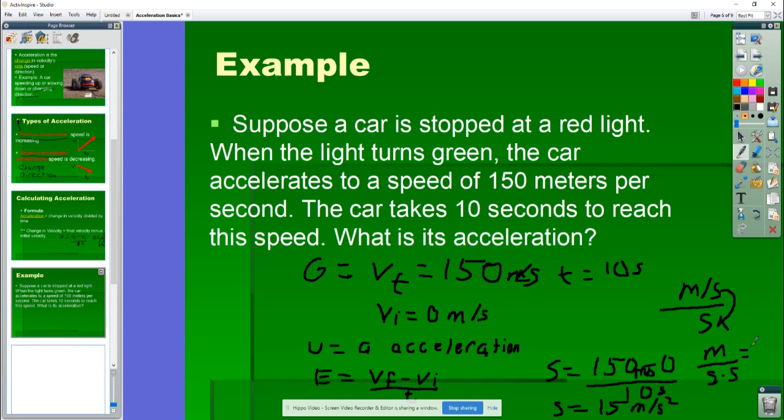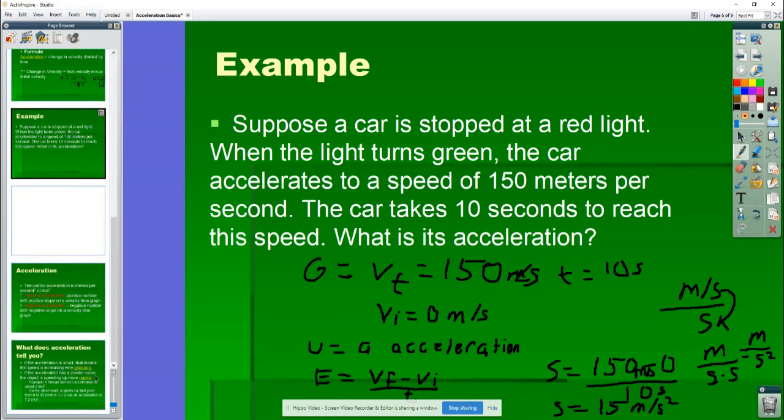So that becomes meters per second squared. That's how you give it. So if you leave your units in the problem, it can make it a little easier to understand. Another thing you can just do is memorize that acceleration 99% of the time is going to be in meters per second squared. That's pretty easy too. So those are the type of problems you're going to see for acceleration.